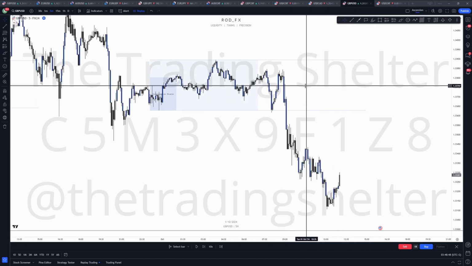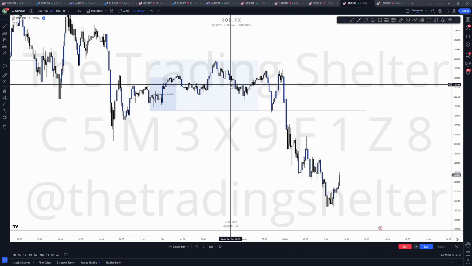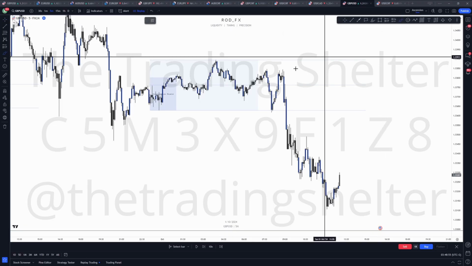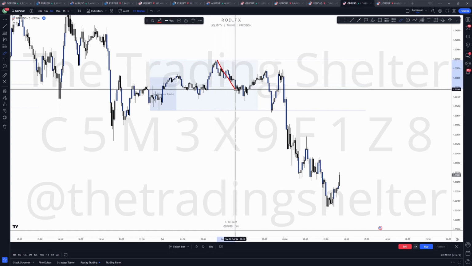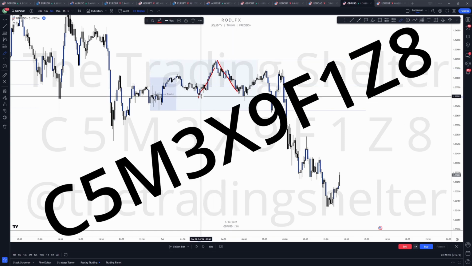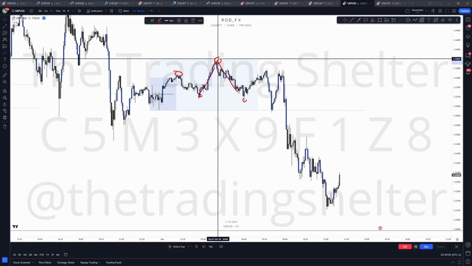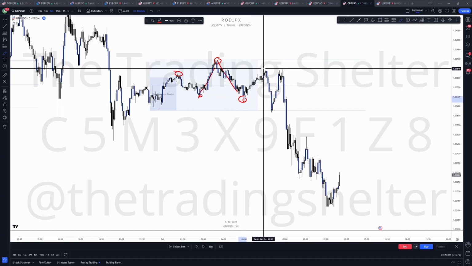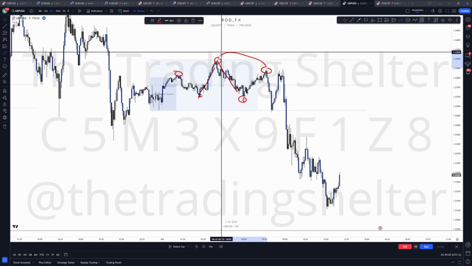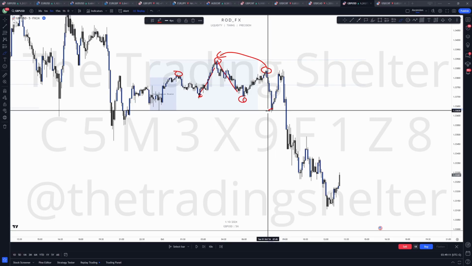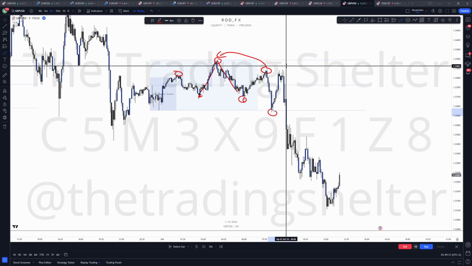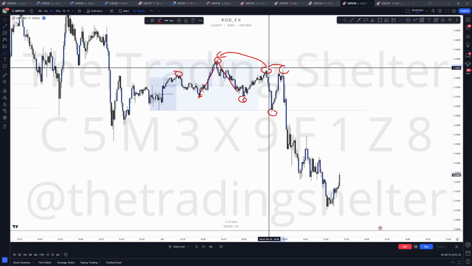As you can see here, we don't have any FBOSs. It's just coming out here, closing below this, ignore this here. Higher high, higher low, higher high, doesn't close above this one, higher low, right? Higher high, doesn't close above this one.